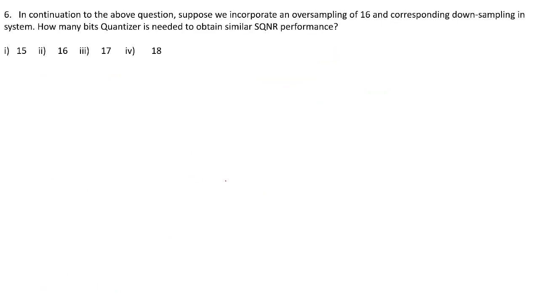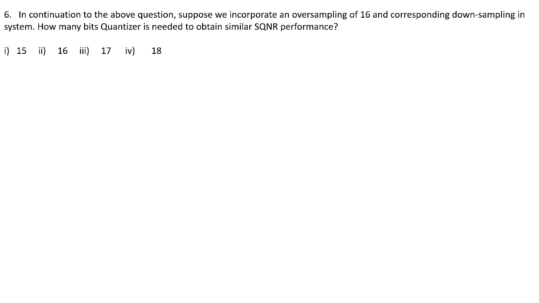Let us move to our sixth question. The sixth question asks, in continuation of the above question, so the previous question parameters hold, we incorporate an oversampling of 16 and a corresponding downsampling in the system. How many bits quantizer is needed to obtain similar SQNR performance?